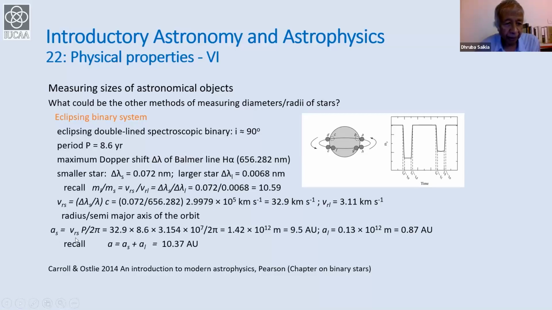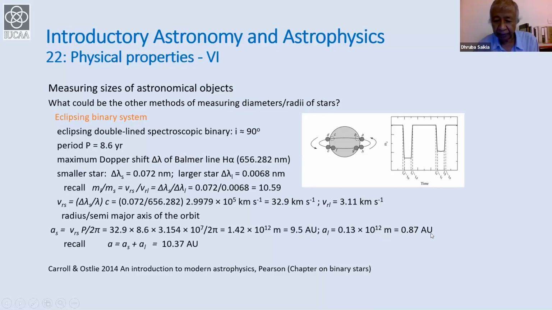Once you know the velocity at which it is moving, you can also find out the semi-major axis, a_S for the smaller star, which is nothing but v_rs P upon 2 pi, right? You can work that out and you will get the semi-major axis of the smaller star.